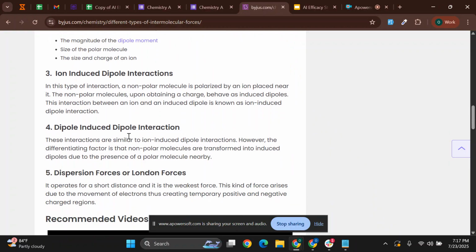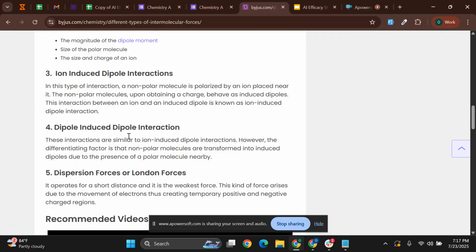Next are ion-induced dipole interactions. In this type of interaction, a non-polar molecule is polarized by an ion placed near it. The non-polar molecule, upon obtaining a charge, behaves as an induced dipole. This interaction between an ion and an induced dipole is known as ion-induced dipole interaction.